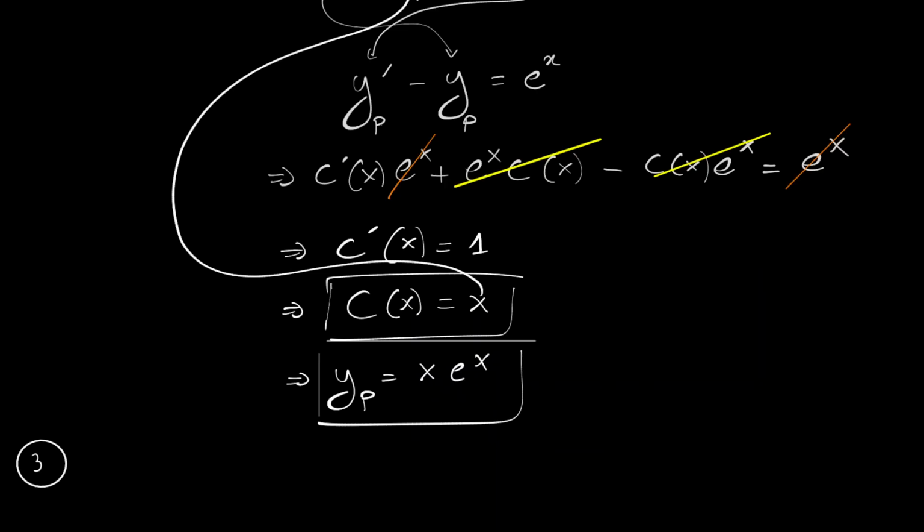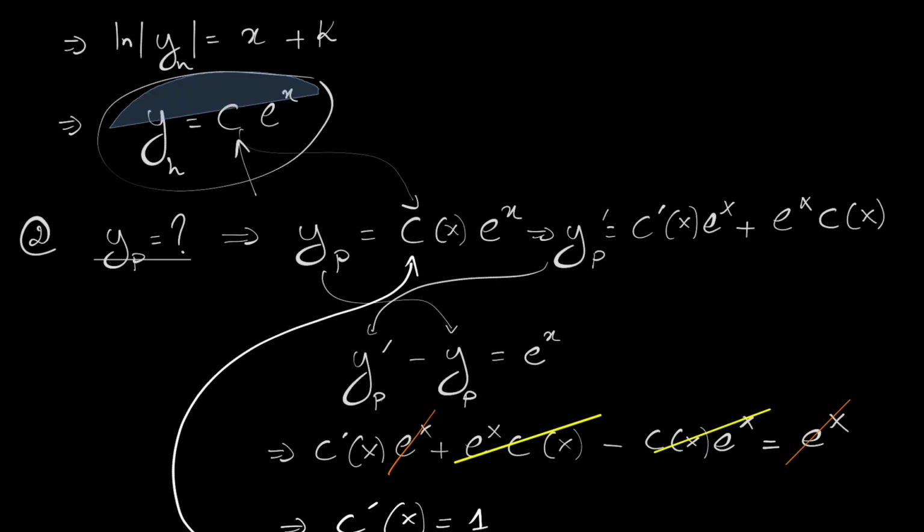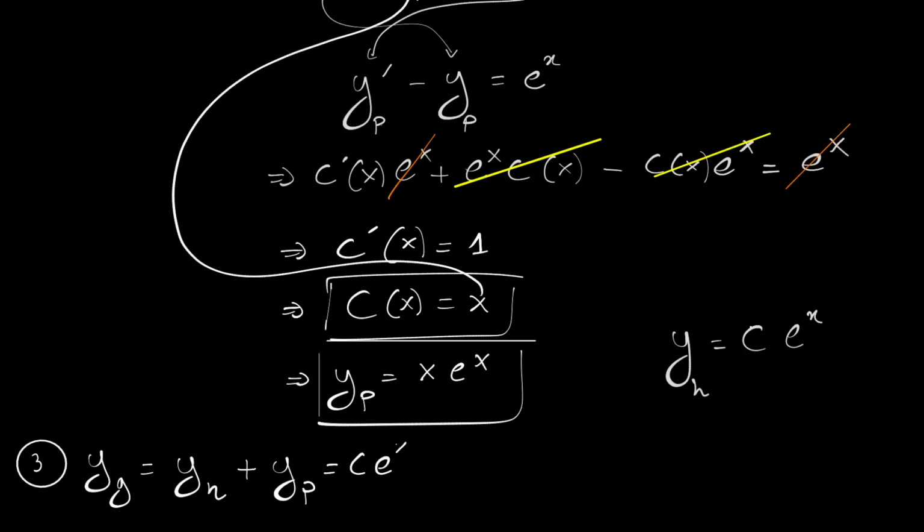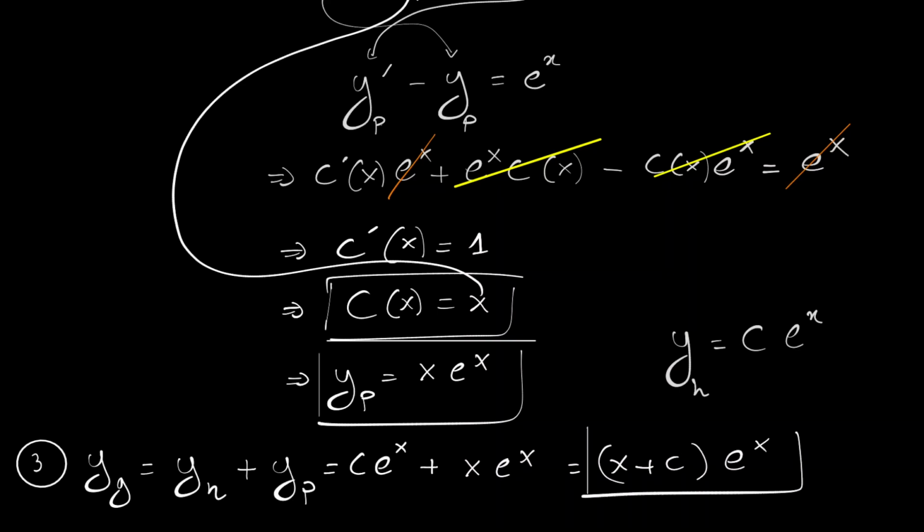Now step number 3 is writing the general solution, which is the homogeneous solution plus the particular solution, which is c exponential of x plus the particular solution, x times exponential of x, and we can write it in this form, which is the general solution for our linear equation.